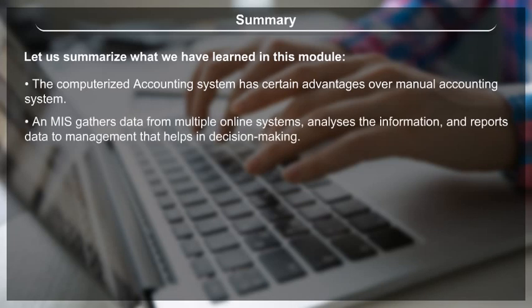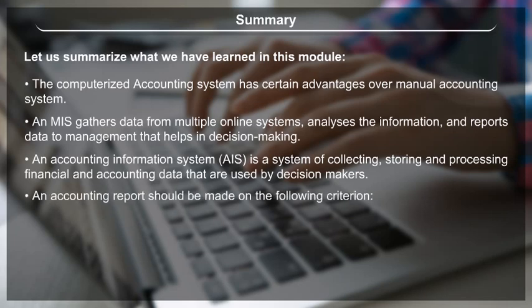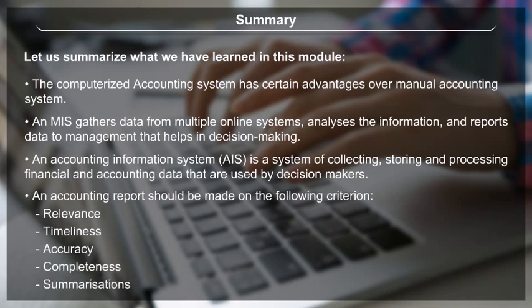An MIS gathers data from multiple online systems, analyzes the information, and reports data to management that helps in decision-making. An accounting information system, AIS, is a system of collecting, storing, and processing financial and accounting data that are used by decision makers. An accounting report should be made on the following criteria: relevance, timeliness, accuracy, completeness, summarizations.